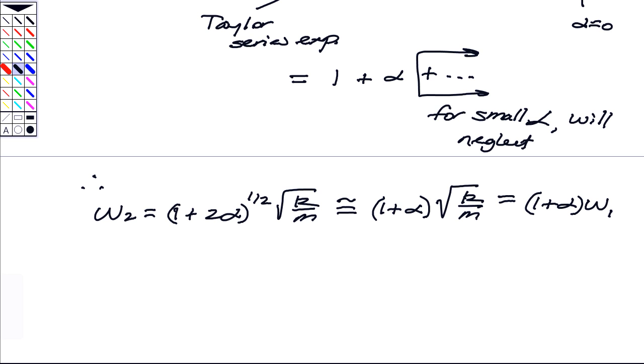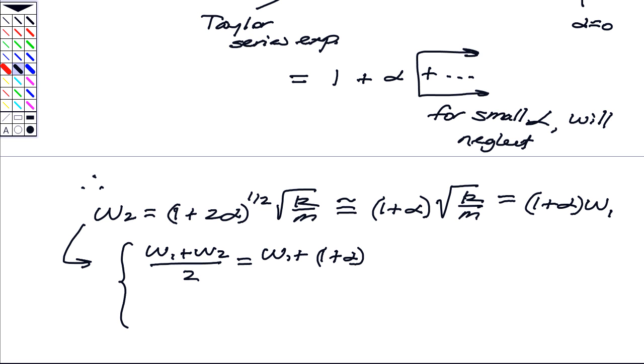And they're so close that whenever later on I'm going to use these two results here, if I need the average value of those two, omega 1 plus omega 2 over 2, that's omega 1 plus 1 plus alpha omega 1 over 2. This is equal to omega 1 plus alpha omega 1 over 2, which is roughly equal to omega 1.